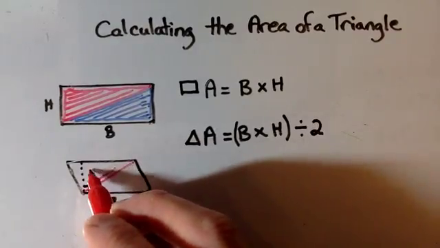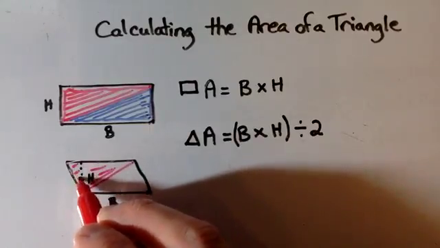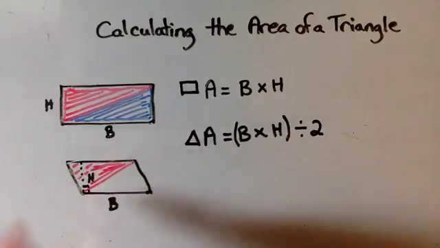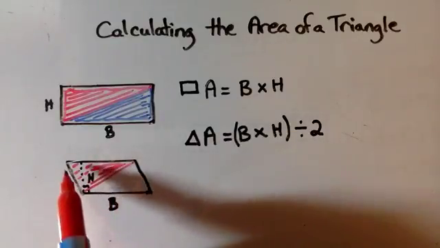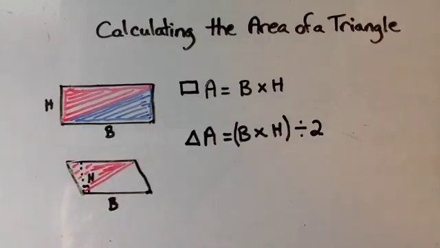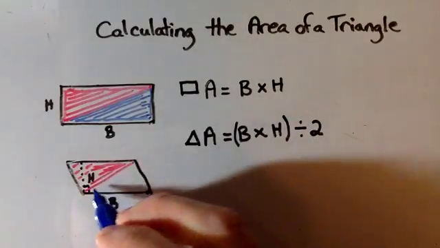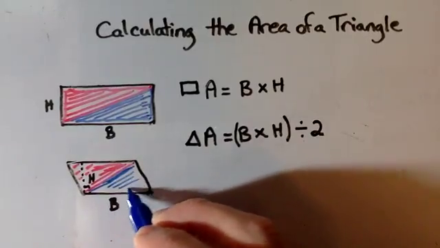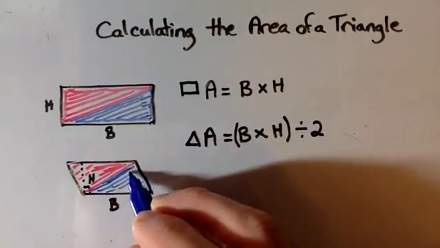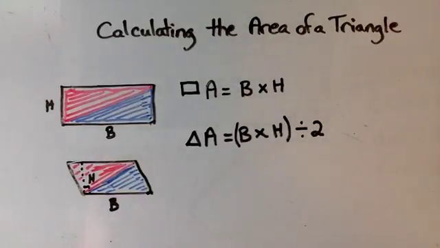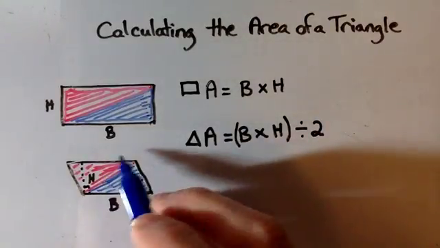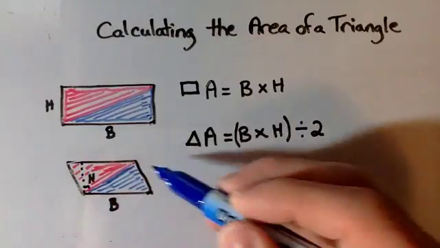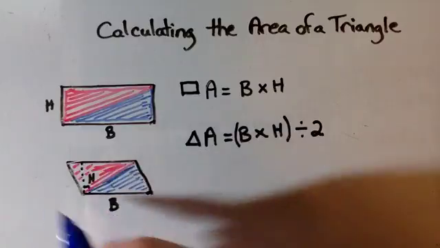Everything above that line is one triangle, and all of the area below the line is another triangle. So again, you have two triangles that are the exact same size. We have a height, and that height hasn't changed.